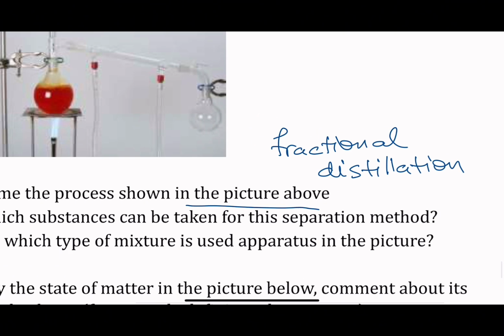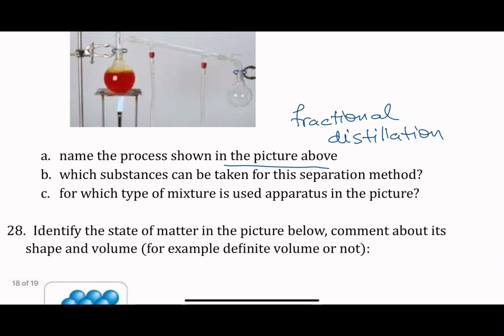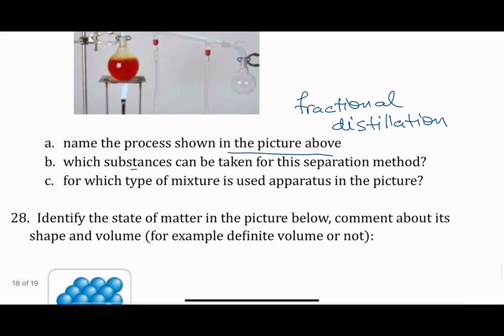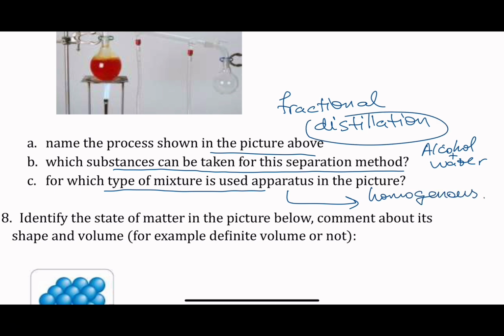Fractional distillations are normally a lot more complicated, but to be consistent, you're going to write it as fractional distillation. Now, which substances can be used for this separation method? We already told you many times: alcohol and water mixture. And we know what type of mixture this is. In this case, it has to be homogeneous. We do not use distillation methods for a heterogeneous mixture, only homogeneous.